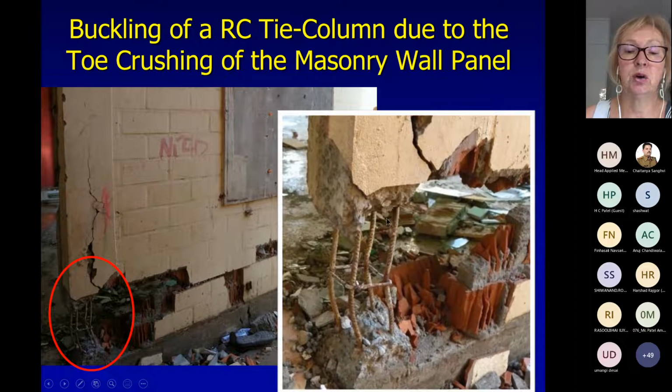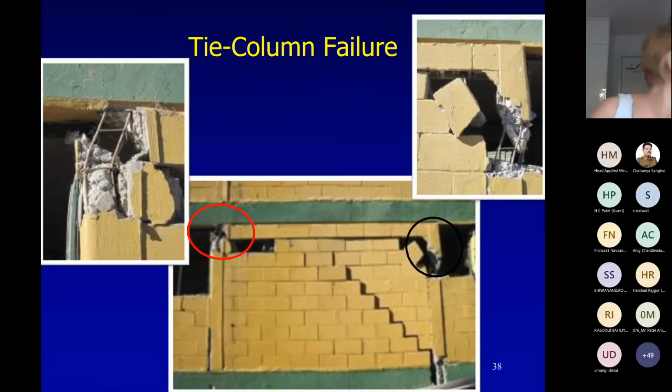So you can see here how the tie column reinforcement buckled, and there was a very small tie, maybe prefabricated elements with 8mm bars and 4mm ties, which were at 20cm spacing. And you can see how this masonry block crushed completely. So these masonry blocks are pretty brittle as far as masonry behavior is concerned, but they have sufficient strength and could perform well in most cases.